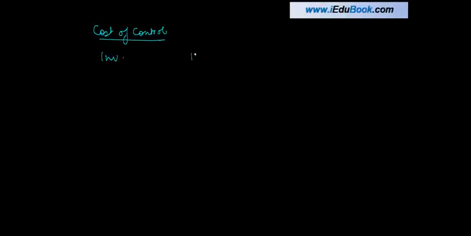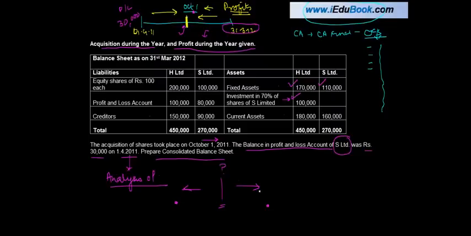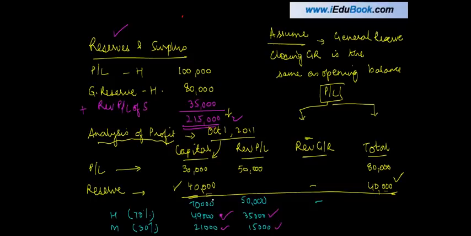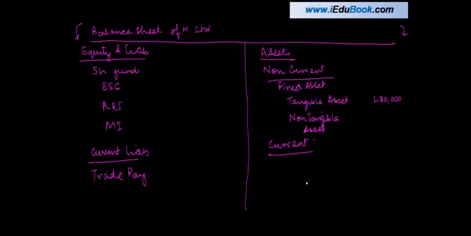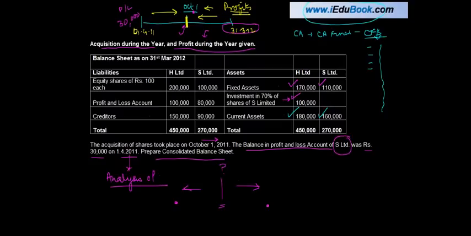How much is the investment? 1 lakh. I keep on writing these short forms. Maybe for the sake of completeness, you can practice with the full forms only. Current assets, 180 plus 160 gives you 340. Do I have the bifurcation?